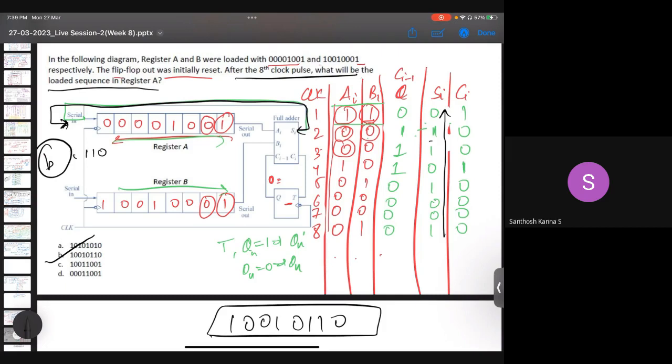Do you understand this? Yes, sir. So the correct answer will be the backward arrangement of this sum, which is 1, 0, 0, 1, 0, 1, 1, 0. I've written it here. Is it fine now? Yes, sir. So the correct answer is option B.